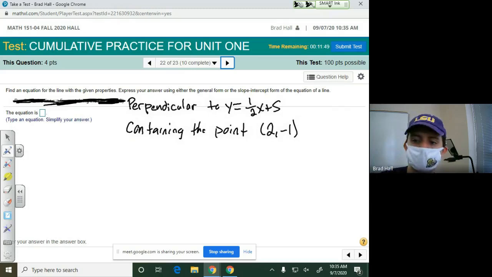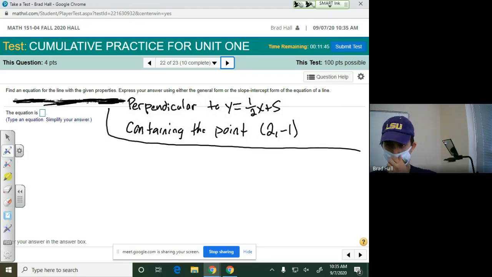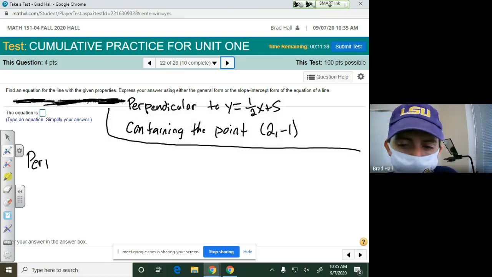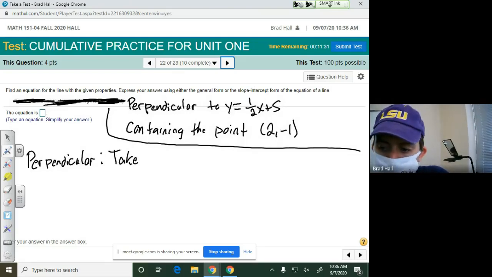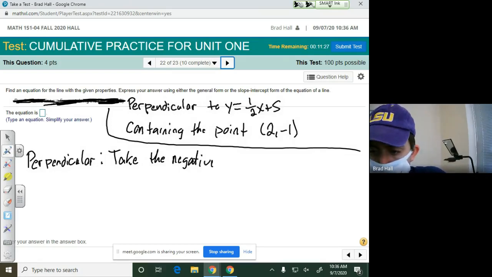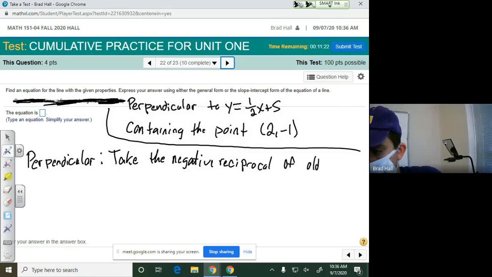For a perpendicular problem, as I explained in class, as soon as you see that word, what you should think is: take the negative reciprocal of the old slope.